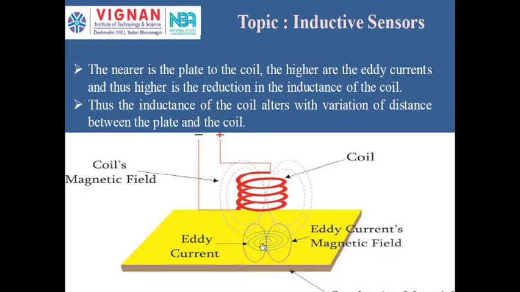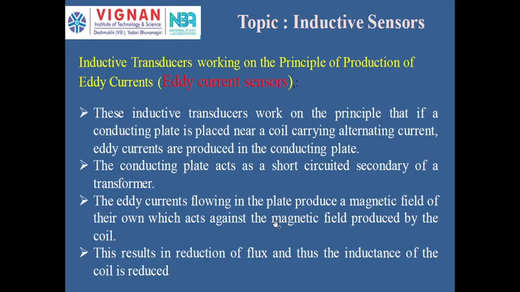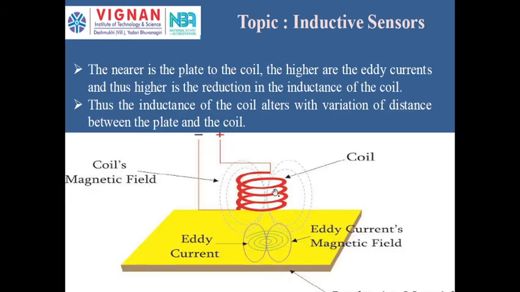That means here also a magnetic field is produced, which I am showing like this. That can oppose or reduce the flux, which in turn reduces the inductance of the coil. So as the plate is nearer to the coil, more eddy currents are produced, which creates more reduction in the inductance of the coil.